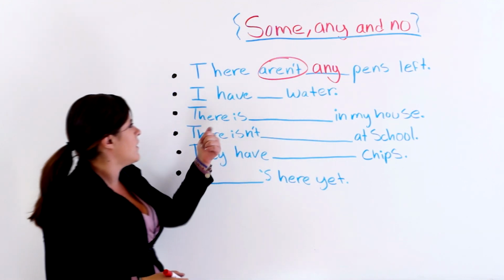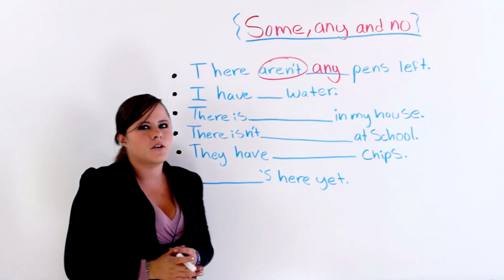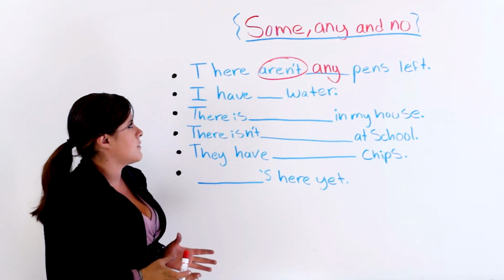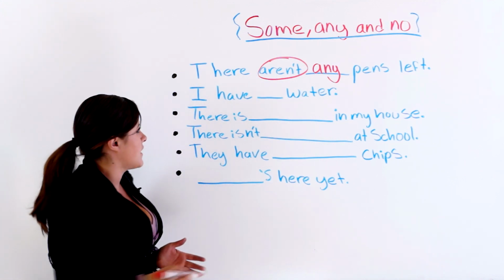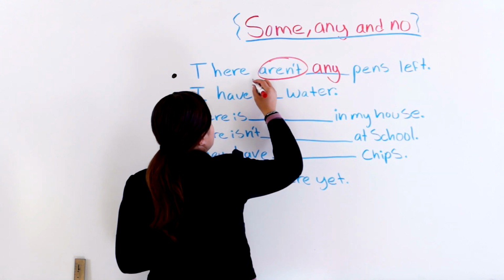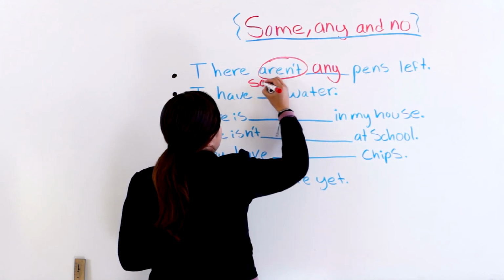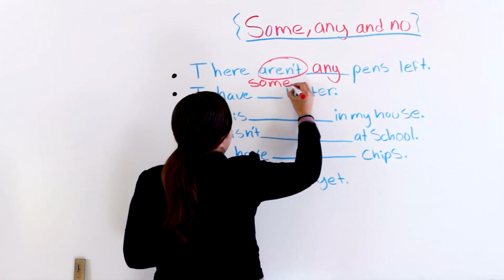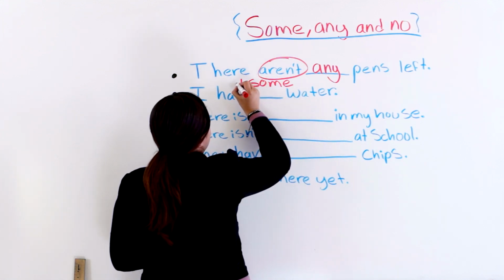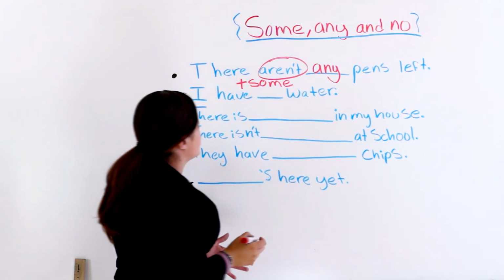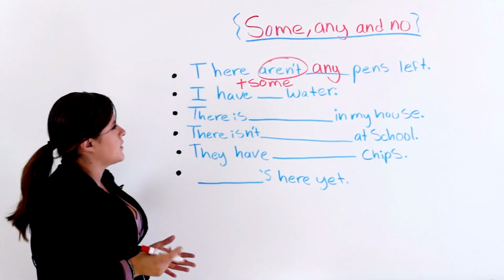Okay? I have blank water. If it's an affirmative statement, you're going to say I have some, right? I have some water. This is an affirmative statement. But if it's a negative statement, which one are you going to use?